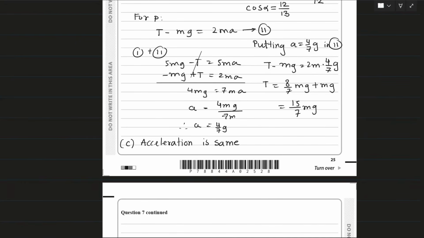So if the string could extend, the acceleration of both blocks would not be the same. Each block would have their own acceleration. As the string is inextensible, both blocks have the same acceleration, and the whole system has one single acceleration.